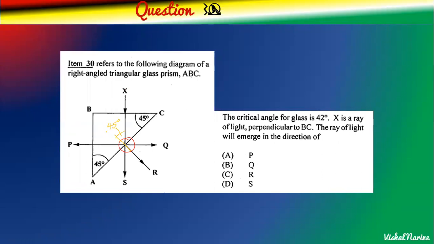The question tells you that the critical angle is 42. So the question tells you that our C is equal to 42 degrees. So since this angle here is greater than the critical angle, total internal reflection is going to occur, meaning that this ray of light is going to reflect in such a way that this angle here will also be 45 degrees.